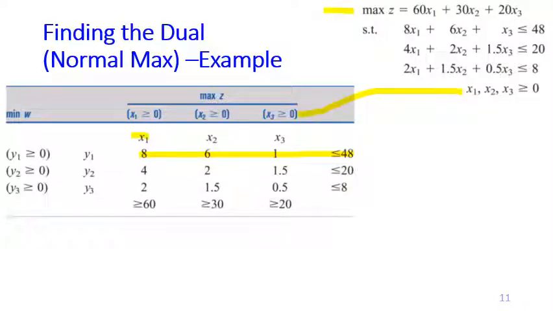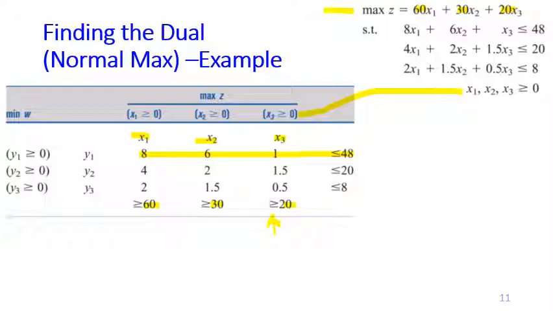And then the title of each column is the primal variable. And then at the bottom of each column, you put down the coefficients in the objective function, 60, 30, and 20. Remember that we have not talked about these signs, okay, because those correspond to the dual problem.